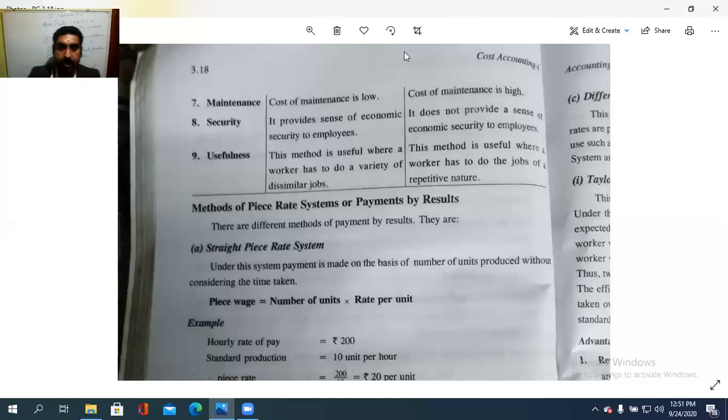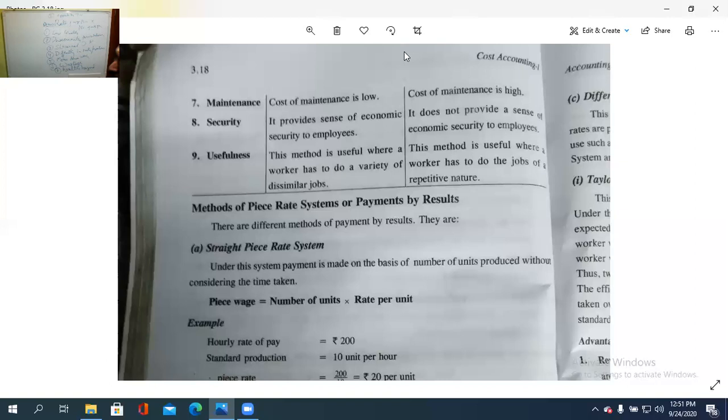Many different kinds of jobs will have to be done in case of a time rate, because time is the time spent by each worker on each job. While the piece rate method is useful where a worker has to do jobs of a repetitive nature. So these are the differences between a time rate system and a piece rate system. Very important for this question.